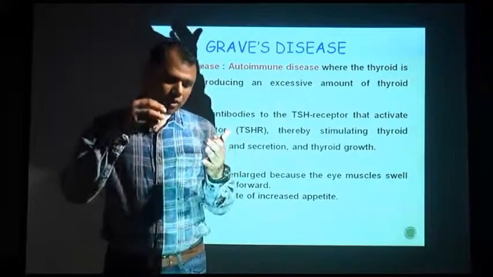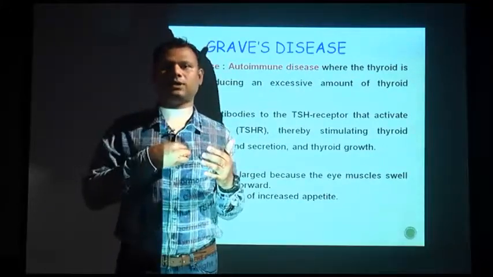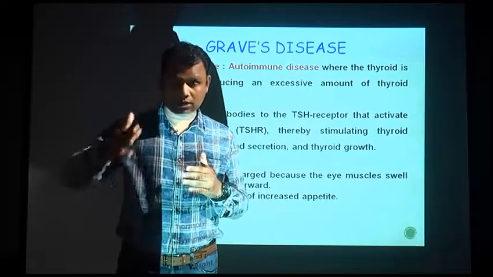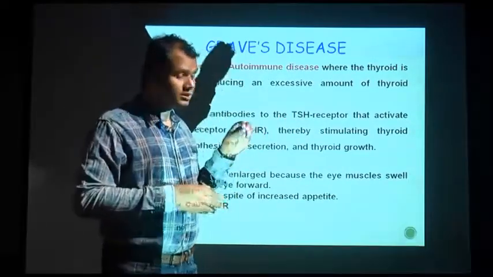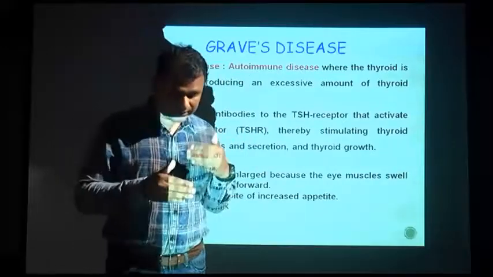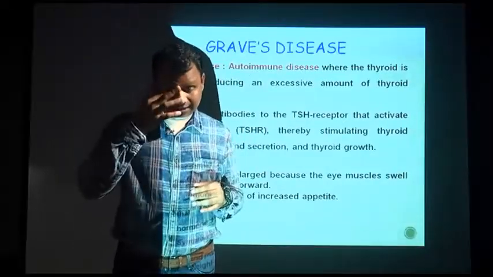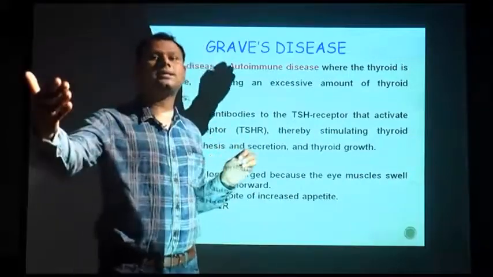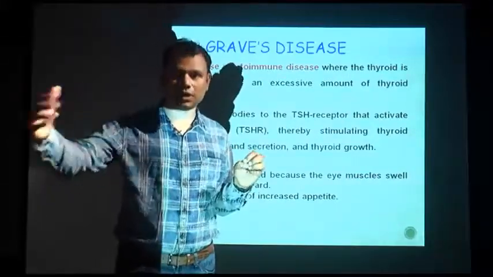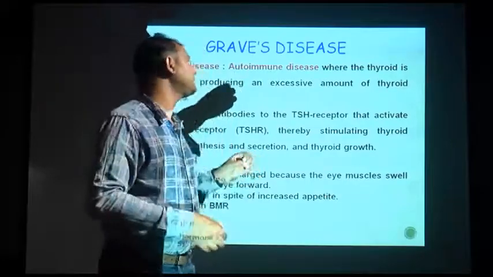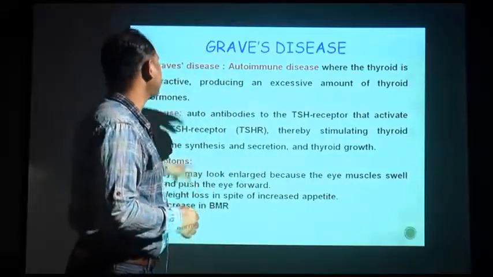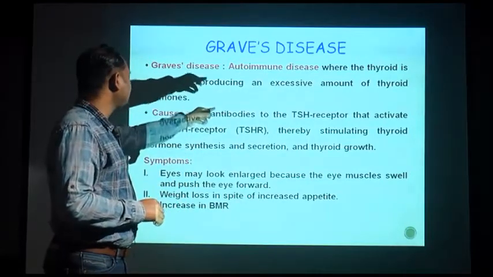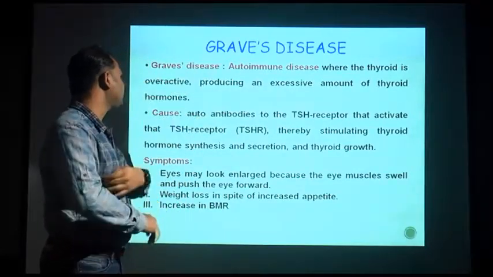Antibodies are inside our body as its defense mechanism, which you can study in your immunology section. But simply understand that something which defends is called an antibody, and if that antibody, instead of recognizing foreign substances as foreign, recognizes the cells of the thyroid gland, or simply the thyroid stimulating hormone receptors.